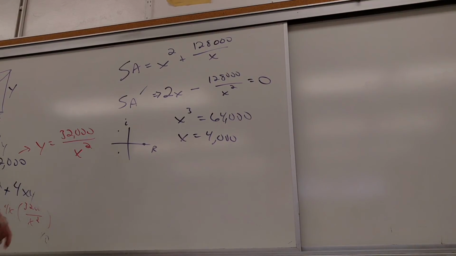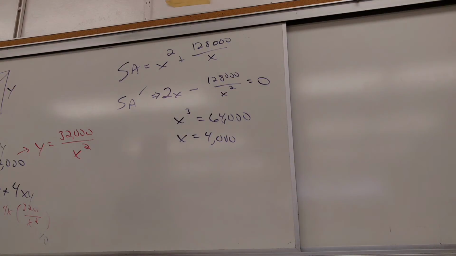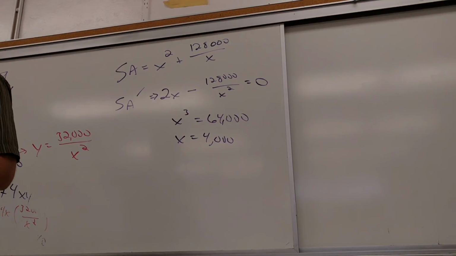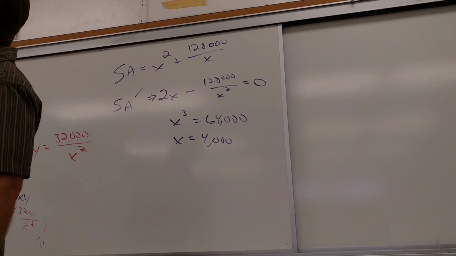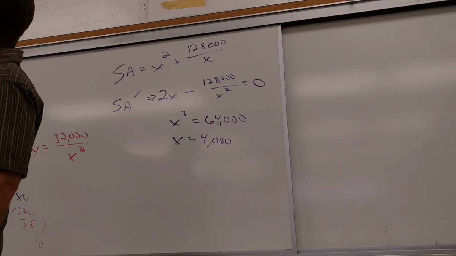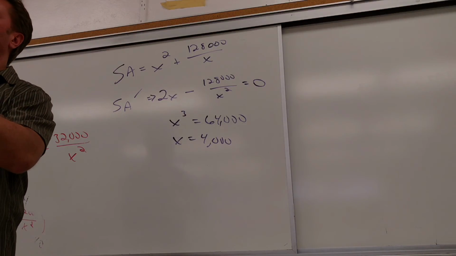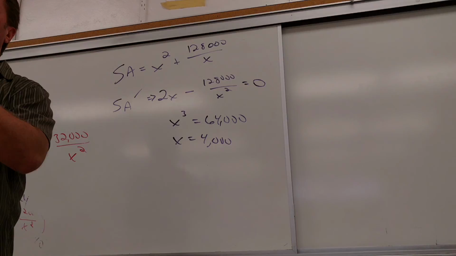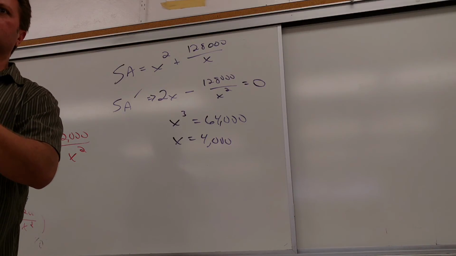What if it would say maximum instead of minimum? Does that change anything? That would be impossible. I mean, what does it ask us to do here? Minimize the amount of material used. See, you could make something with an infinite surface area and a volume of 0, for example.